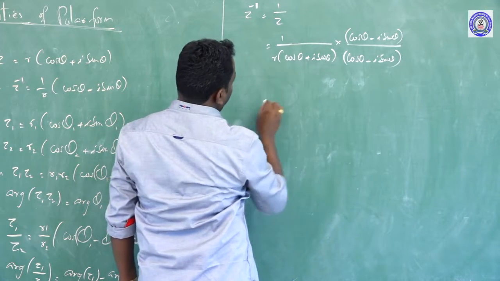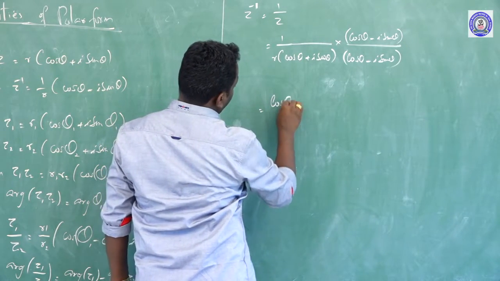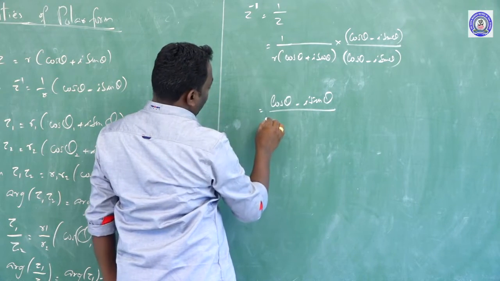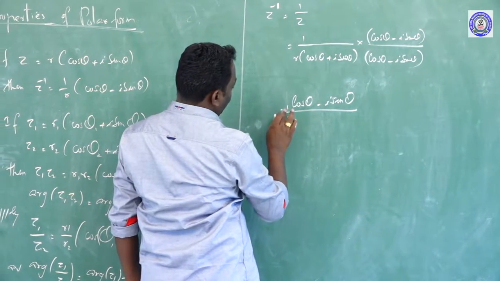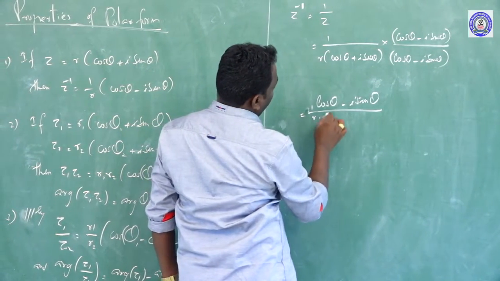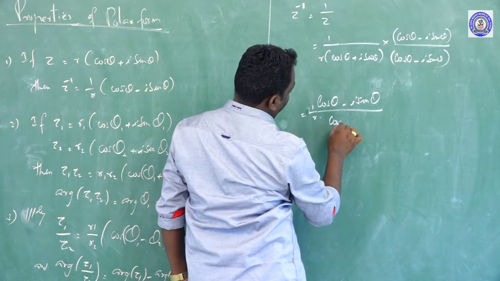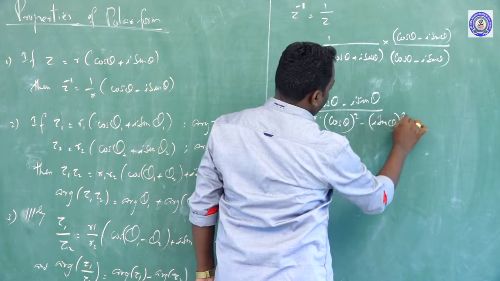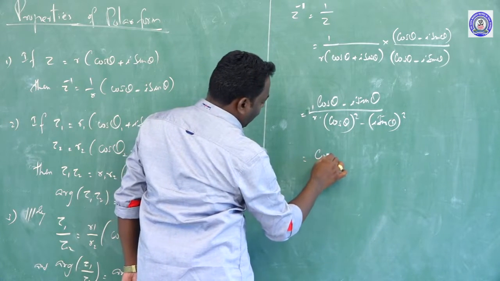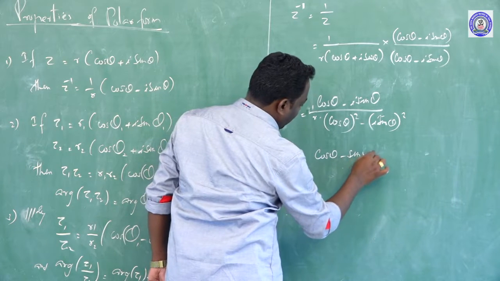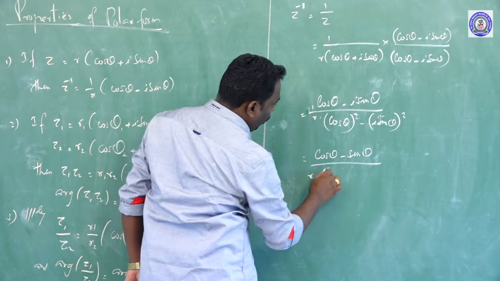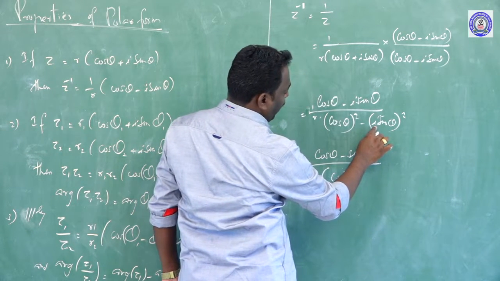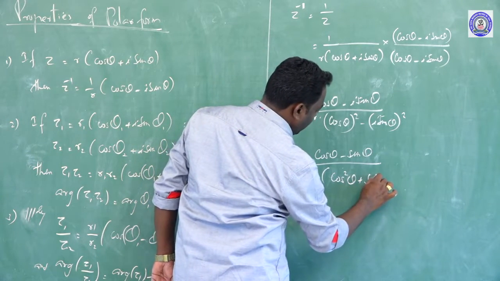So again, it is in a plus b, a minus b form. The numerator is cos theta minus i into sin theta, with 1 by r outside. The denominator a plus b times a minus b equals cos theta whole square minus i into sin theta whole square, that is r into cos square theta, i square value equal to minus 1, so plus sin square theta.